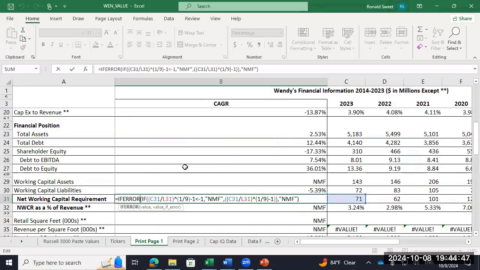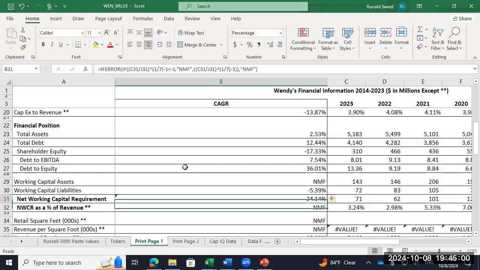You just change it from dividing by column L. You got to change it in 2 places. Instead of 9, you divide by 7. So since then it was 24%.